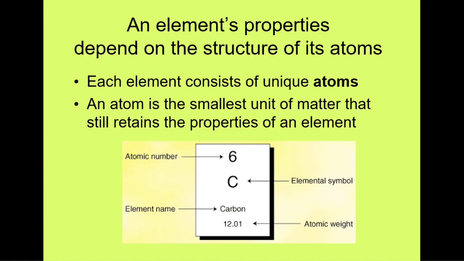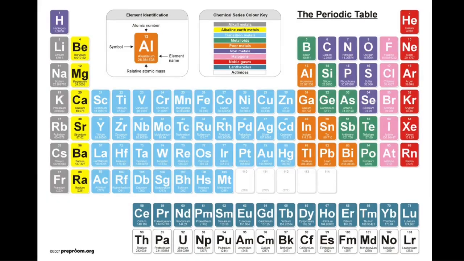If we go back to the periodic table quickly, we can see up here, if we look at carbon, it has an atomic number of 6, so you can see the 6 at the top. If instead it had 7 protons in the nucleus, well, if we look to the right here, we can see nitrogen, and nitrogen has an atomic number of 7, which means it has 7 protons.